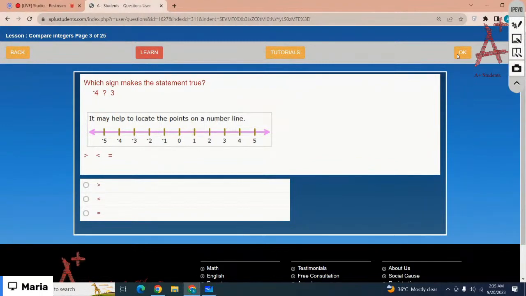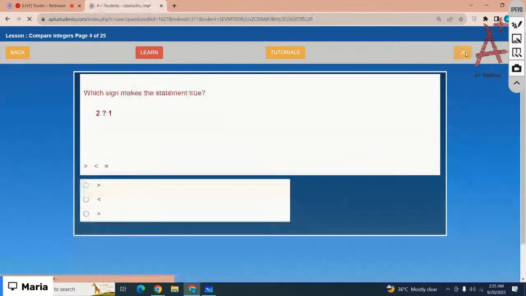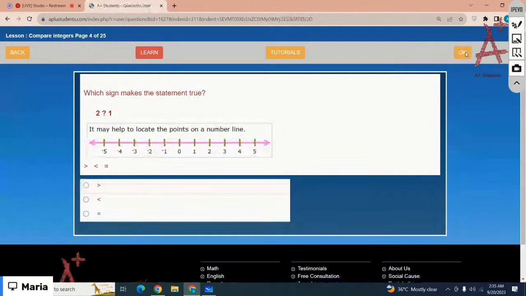Which is the correct option? -4 is less than 3. 2 is greater than 1.